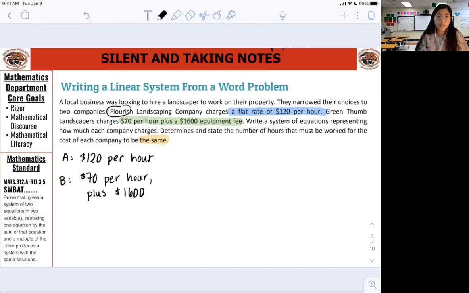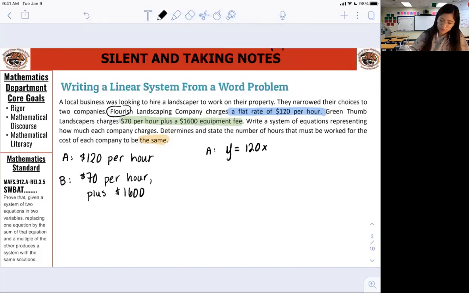Now I need to write an equation. So I got to turn these words into math. For company A, what do you guys think? What would that be? 120x, that's it. Y equals, remember, because an equation will always have x's and y's. So y equals 120x.